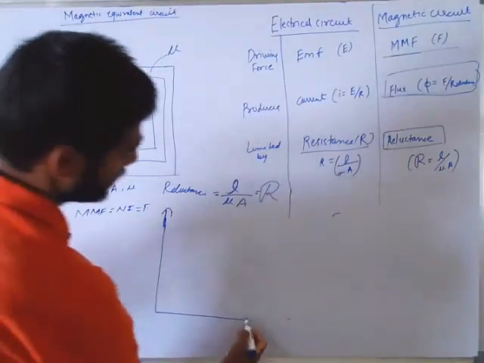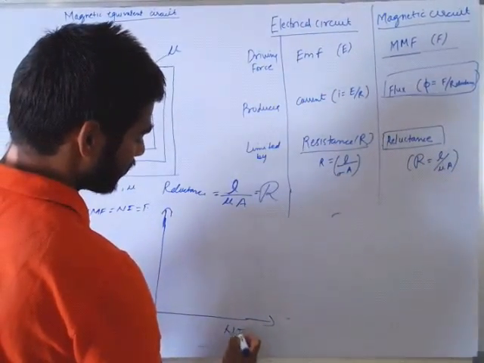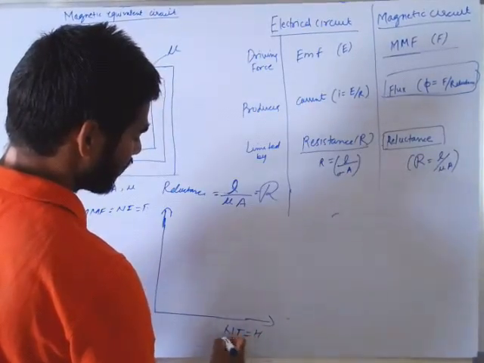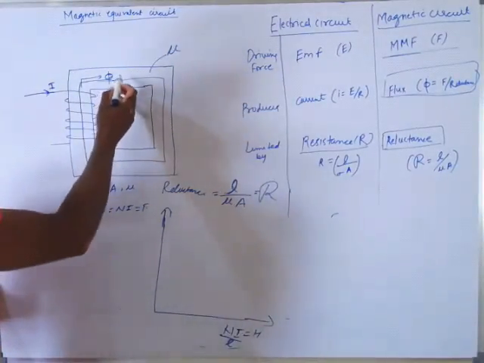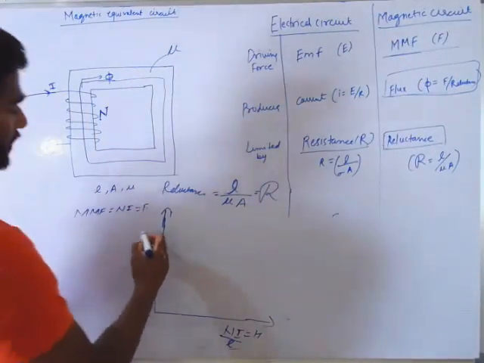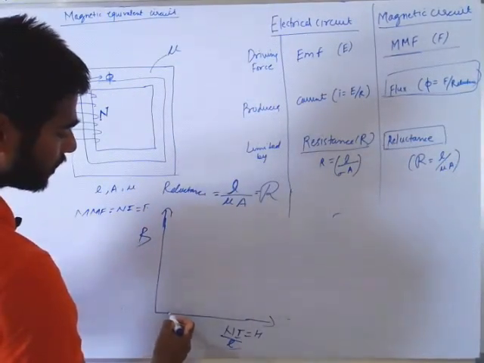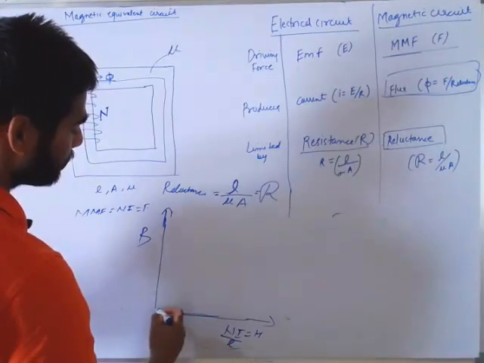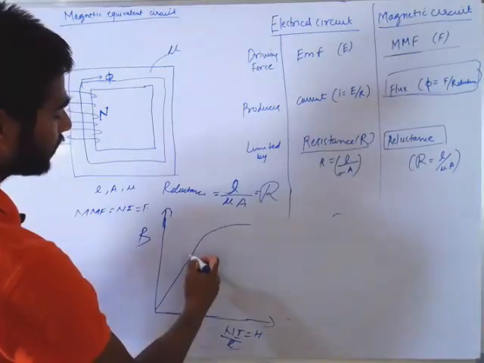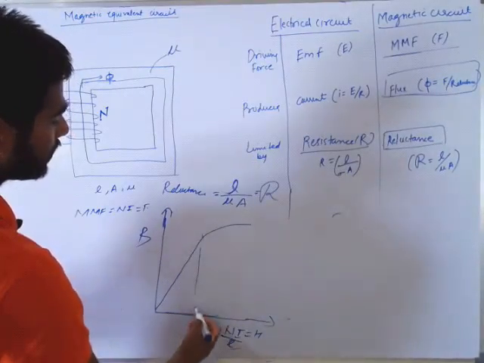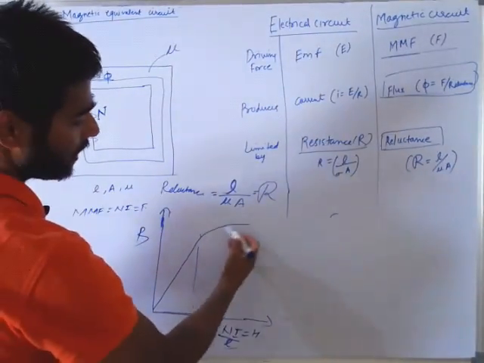Let us draw the magnetizing characteristics of this core. Suppose we apply Ni, which gives H equals Ni by L. This is the MMF we have given, and the flux density B is produced inside the core. What happens if we increase H? B will increase, but at some point it will not increase as it did in this region. So we conclude that the reluctance in this region has become more.